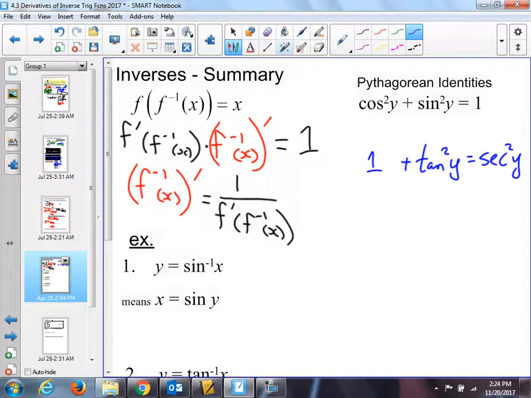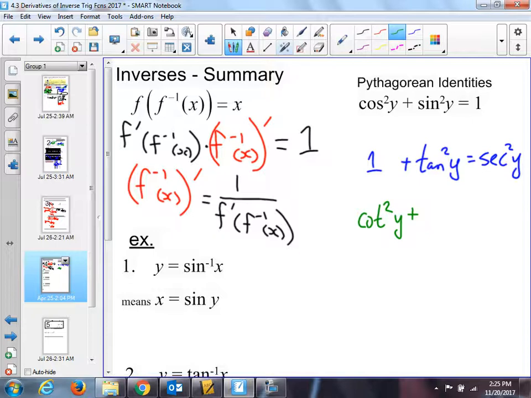I'm showing you this because you shouldn't memorize the other two. I know you have the primary Pythagorean identity memorized. Then you ask yourself, what if I divided all 3 items by the sine squared of y? Well, the cosine squared over the sine squared is cotangent squared.